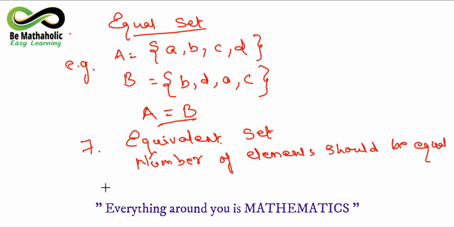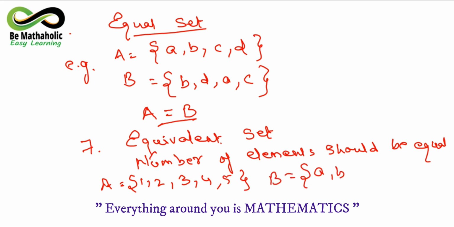Suppose I take one example, I take A equals to 1, 2, 3, 4 and 5, and say set B is having elements A, B, C, D and E. Now what do you see here? That the elements in both the sets are different. These are numbers, these are letters here.